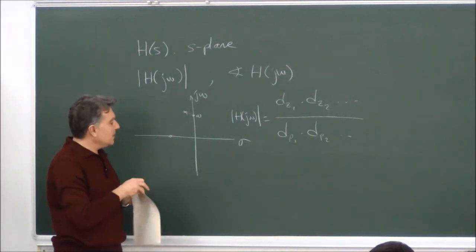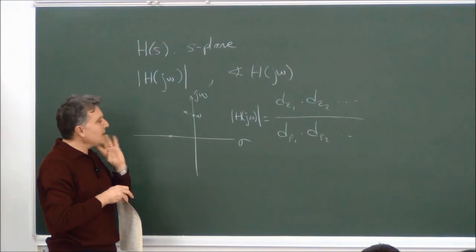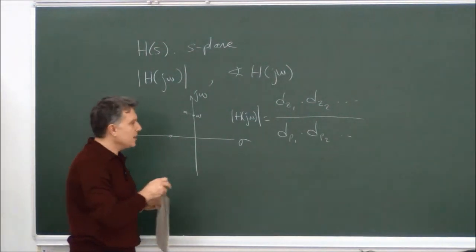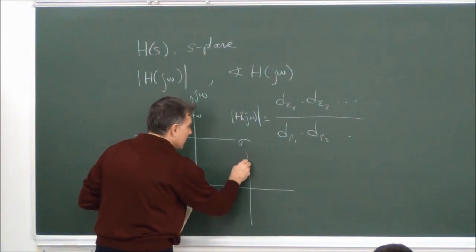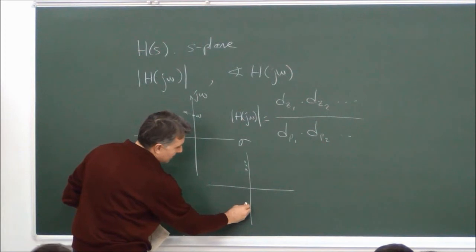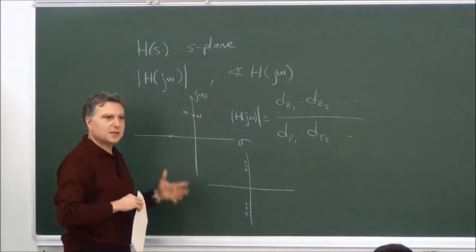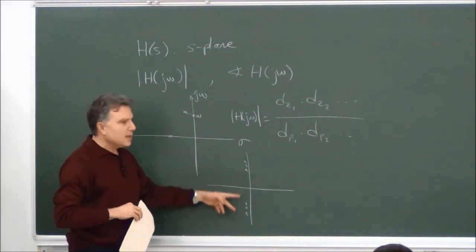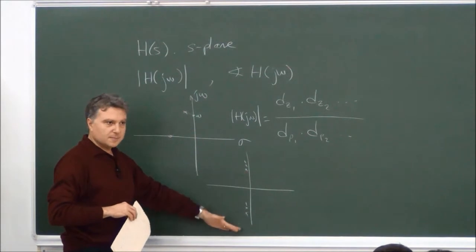So how do you design, for example, a band pass filter? How do you make it? You put a few poles here, and the conjugates of them are here. Let's say you're designing a real filter, so both poles and zeros must appear as conjugates like this.